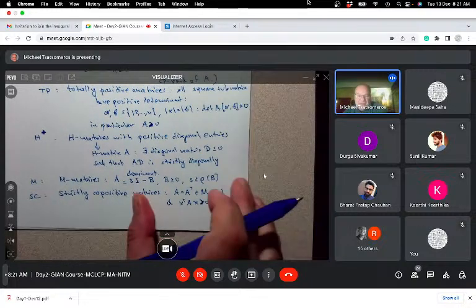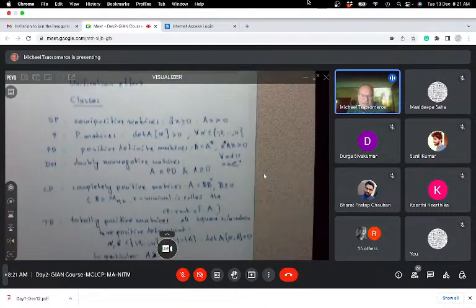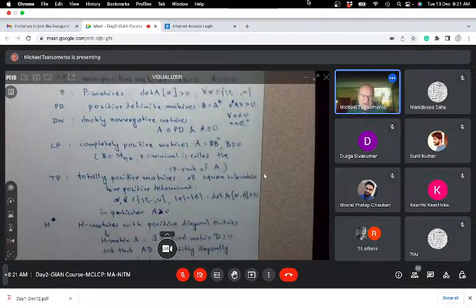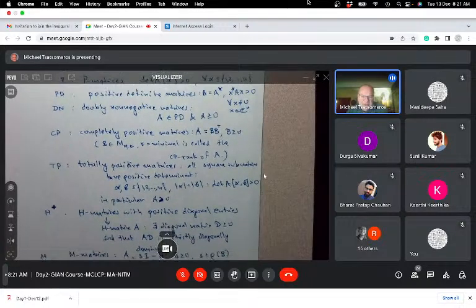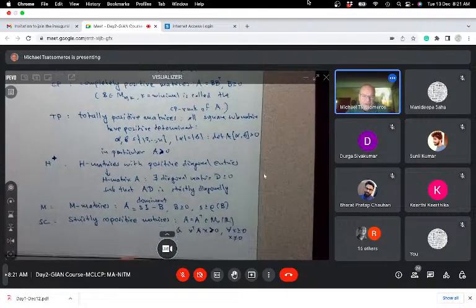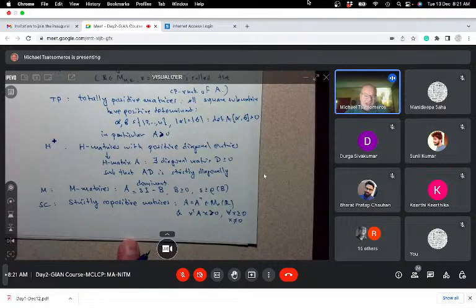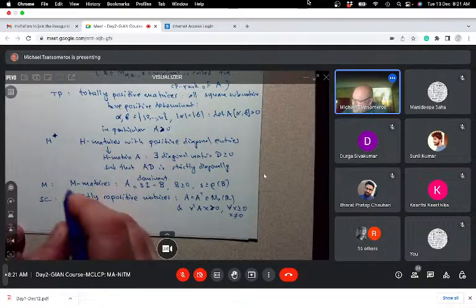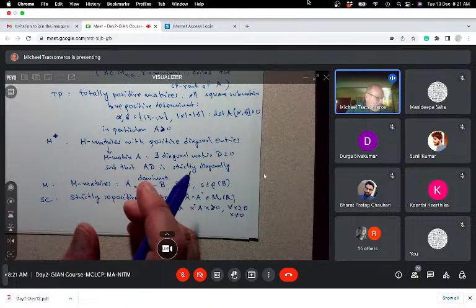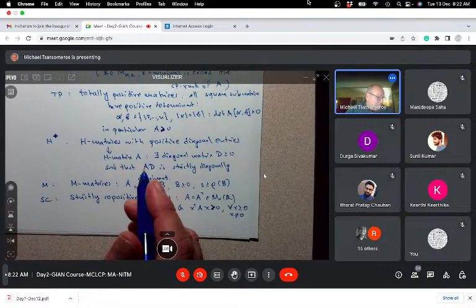All right. Let me see, I need a little bit more space, so I'll move to another page. Semi-positive, P matrices, positive definite. I'll change the thing a little bit. Doubly non-negative matrices, completely positive matrices, totally positive matrices, H-plus matrices, M matrices. I need, let me just check something in order for my next step to make sense.